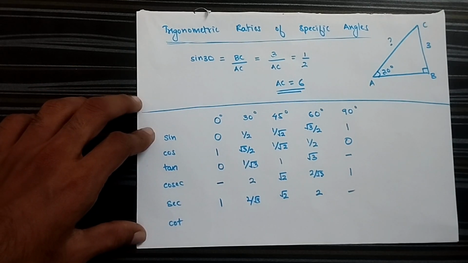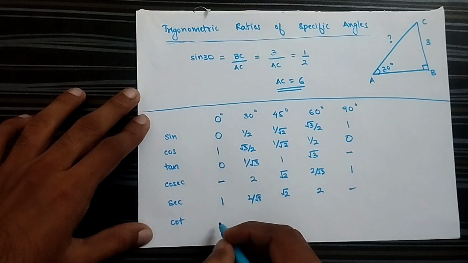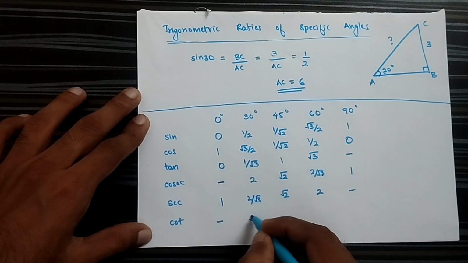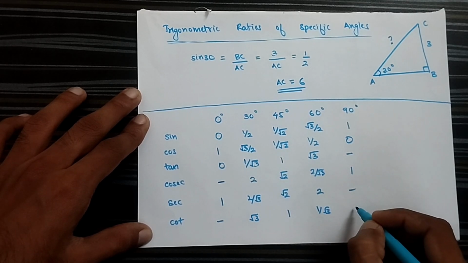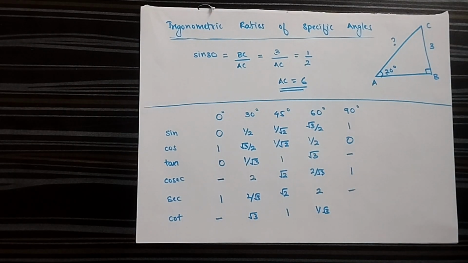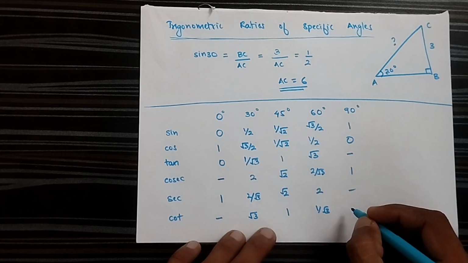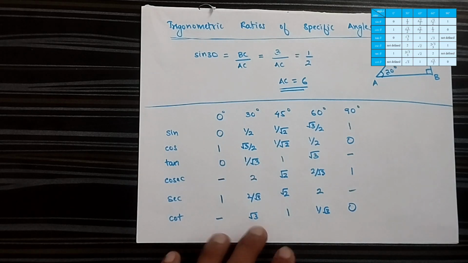Cotangent, we can do the same for tan. 1 by 0 will be undefined. 1 by 1 by root 3 is root 3. 1 by 1 is 1. 1 by root 3, and 1 by undefined is 0. Cot 90 is 0.